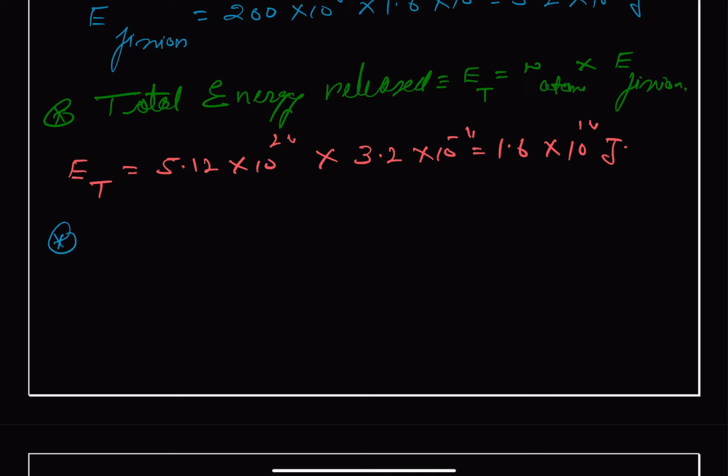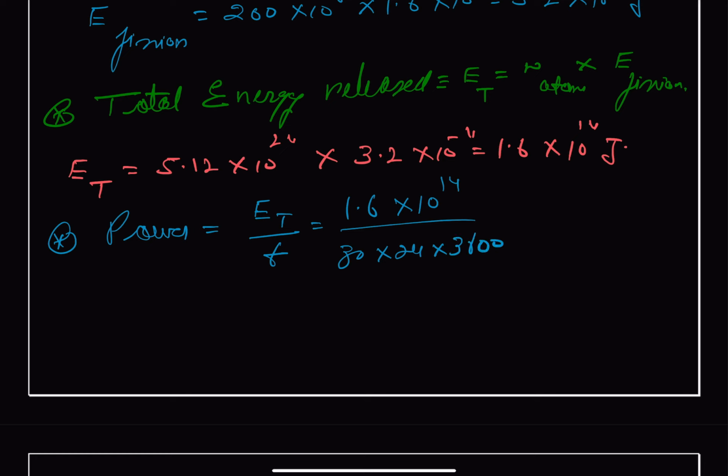Now we can easily find out our power because we know the time. Power is equal to total energy upon time. Total energy is 1.6 into 10¹⁴, and time is given to us as 30 days, so we write 30 multiplied by 24 multiplied by 3600, so this will be entirely in seconds.